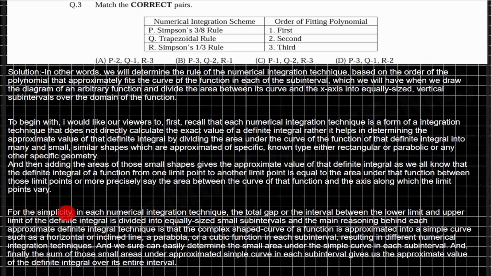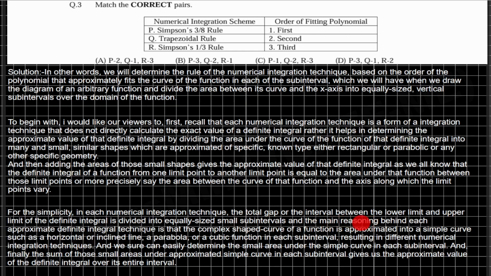For simplicity, in each numerical integration technique, the total gap or the interval between the lower limit and the upper limit of a definite integral is divided into equally sized small subintervals.